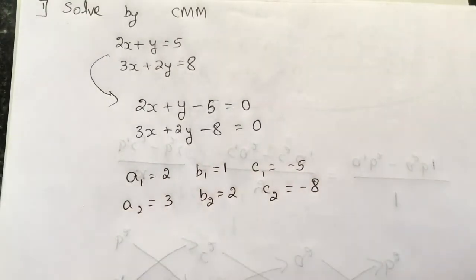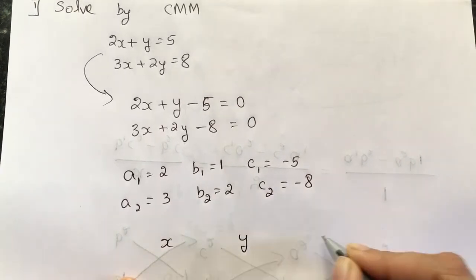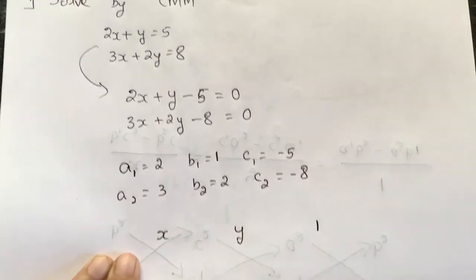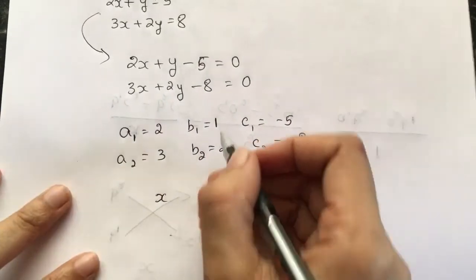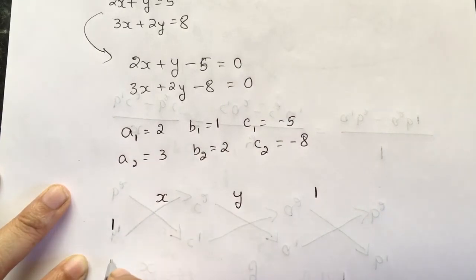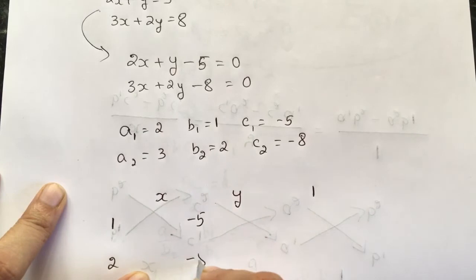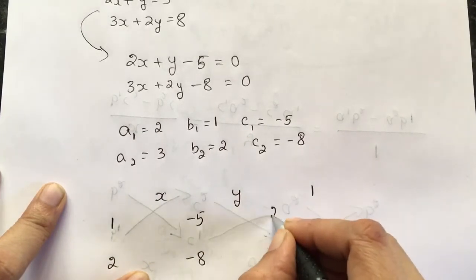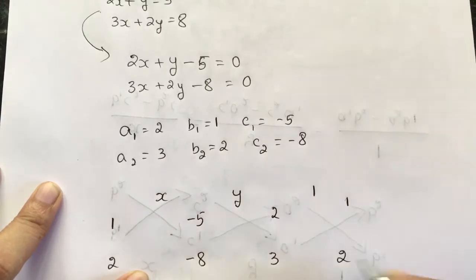Now apply the formula. You write it down like this: x, y, 1. You have to start with b1, right? b1 is 1 over here, 1, 2, then minus 5, minus 8, 2, 3, 1, 2.